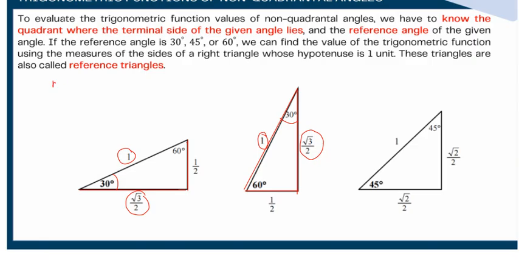So as you can see, if we do that, r squared is equal to x squared plus y squared, where our r here is 1 and our y is 1/2, and then we just solve this equation. So x squared is equal to r squared minus y squared, which gives x equal to the square root of 1 minus 1/2 squared.